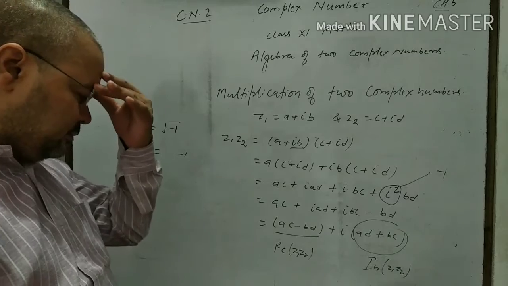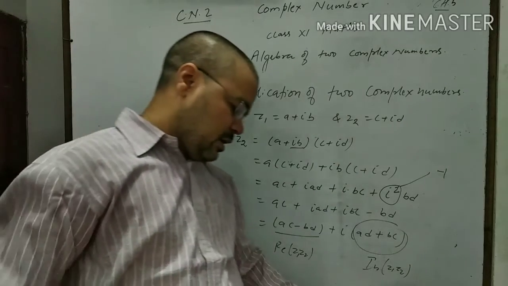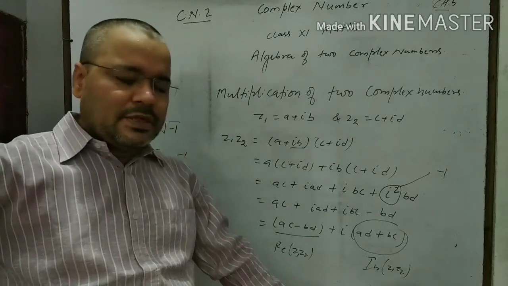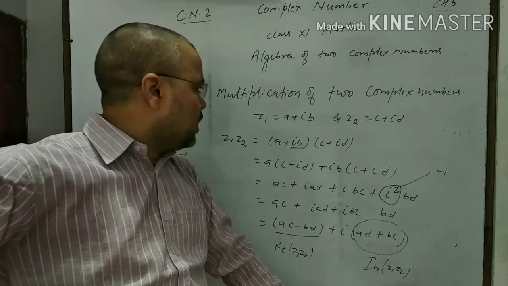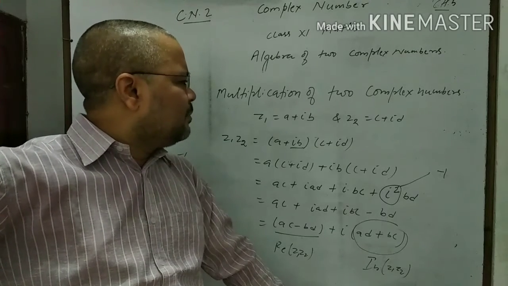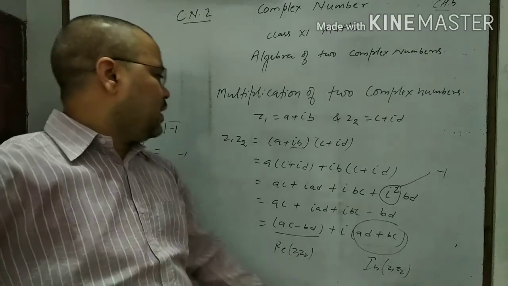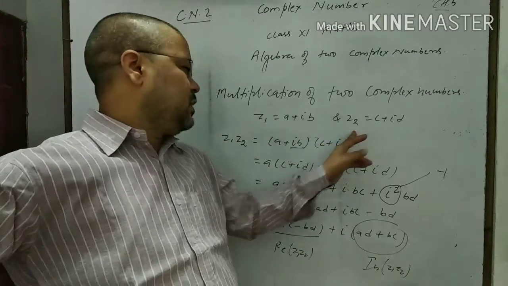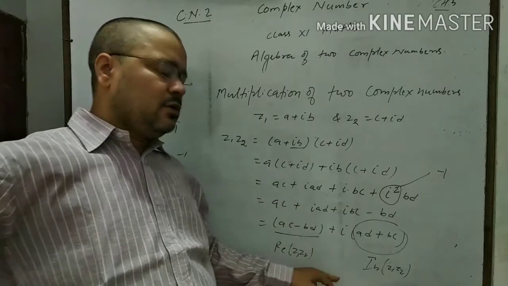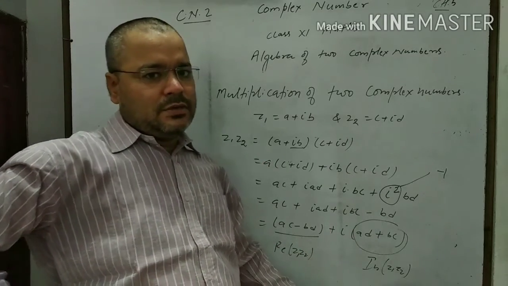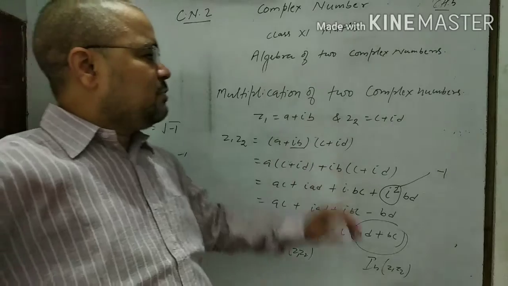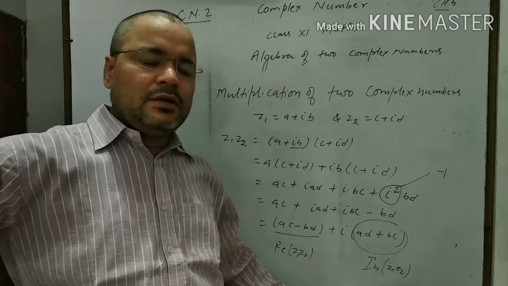Just like properties of addition of complex numbers, we also have properties of multiplication of two complex numbers. If we have two complex numbers, then their product is also a complex number. It means multiplication of two complex numbers satisfies the closure property.